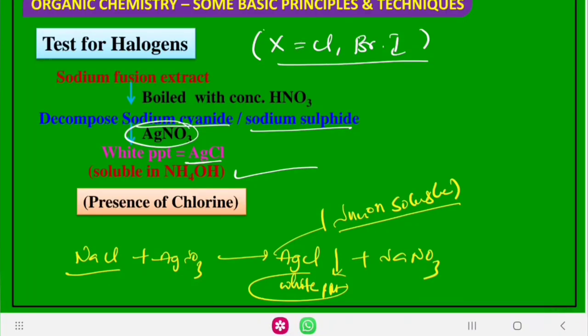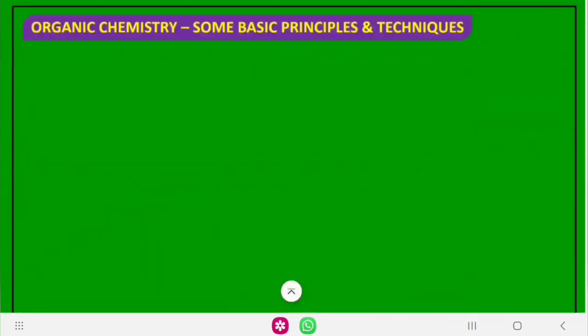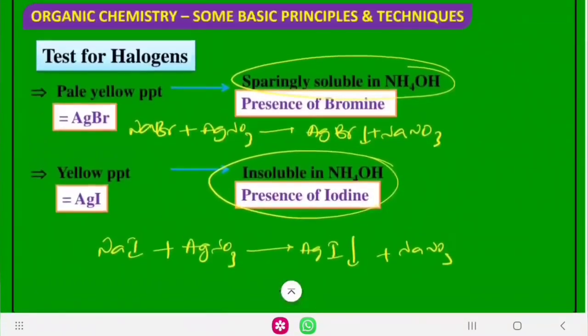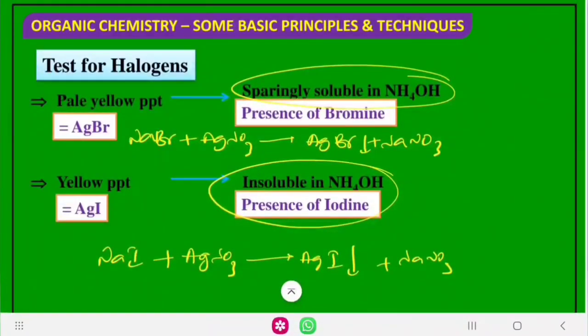Have a look at the next one. Silver bromide, AgBr, is formed when sodium bromide reacts with silver nitrate solution. The AgBr is sparingly soluble in ammonium hydroxide.